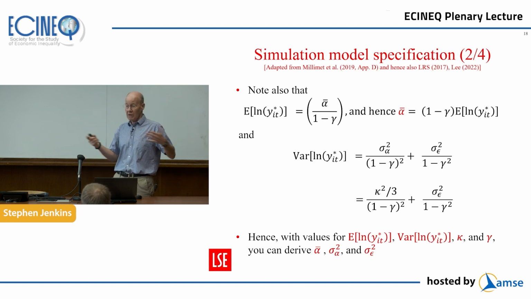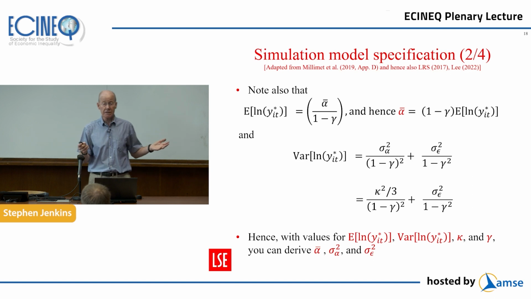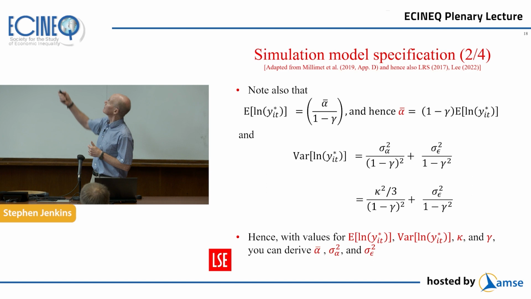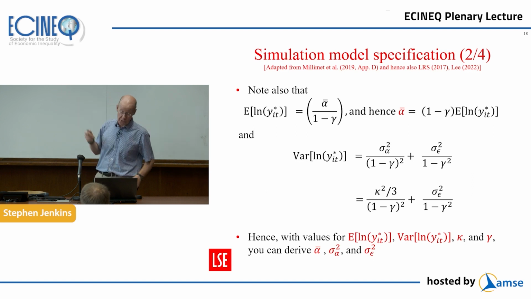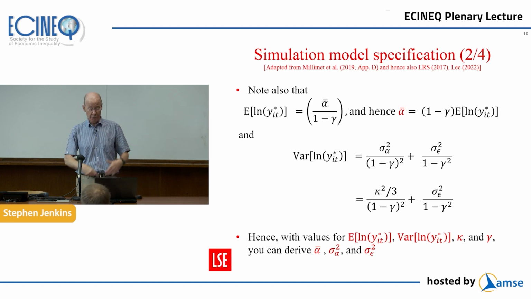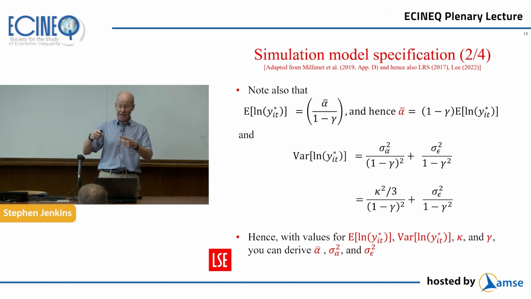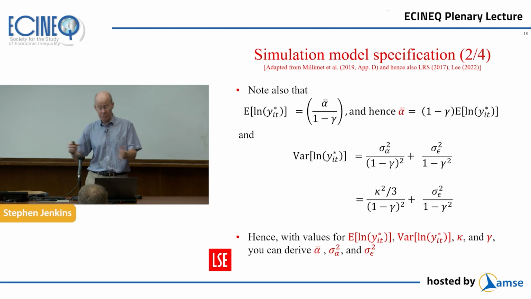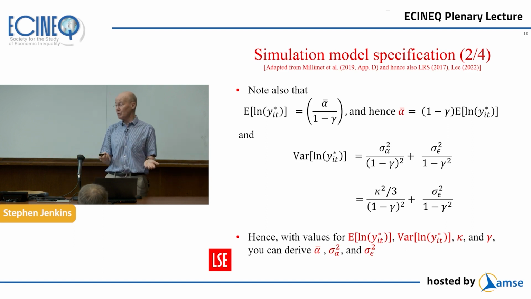Given this model and the steady state assumption, you can play around with it. Because it's log normal, everything's characterized by the mean and the variance, so you can derive expressions for them. The expectation of the log of true income in any given period is given by a particular expression, and you can turn things around the other way and work out what A hat is in terms of other stuff, and similarly with the variance.